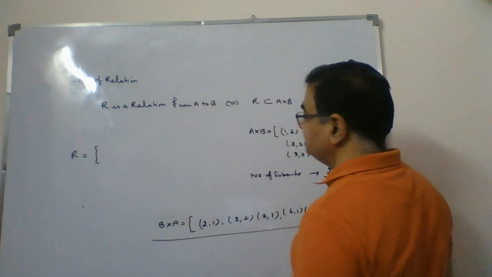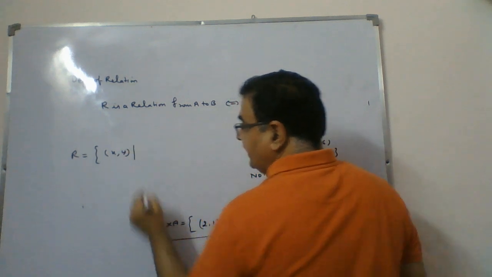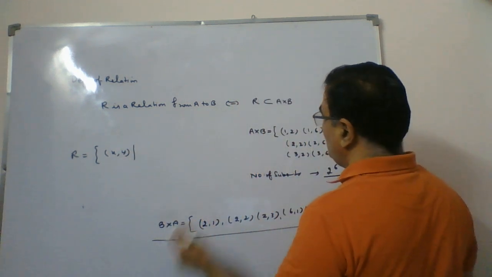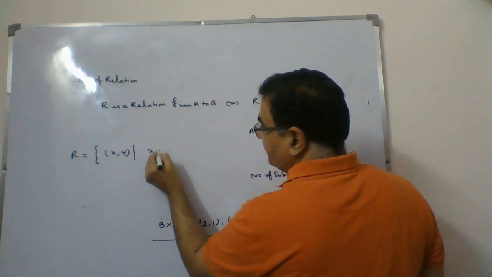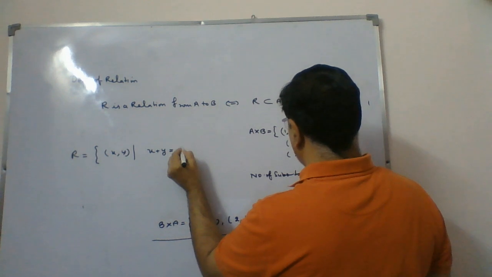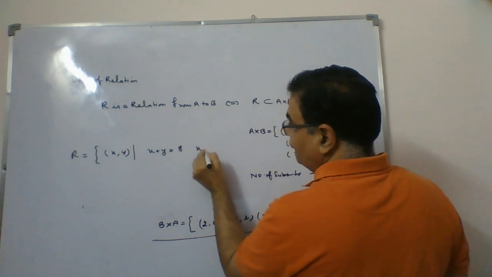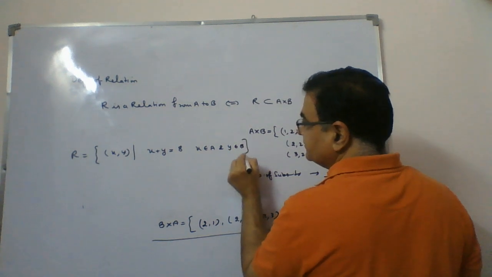R is the collection of ordered pairs x comma y, or you can take A comma B, it doesn't matter, where x plus y is 8, where x belongs to A and y belongs to B.